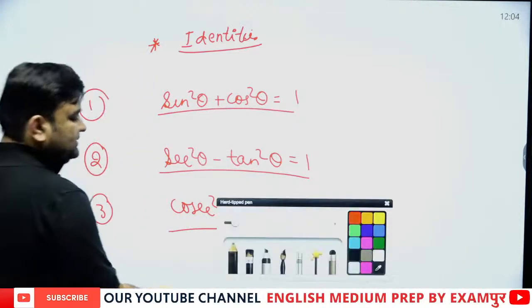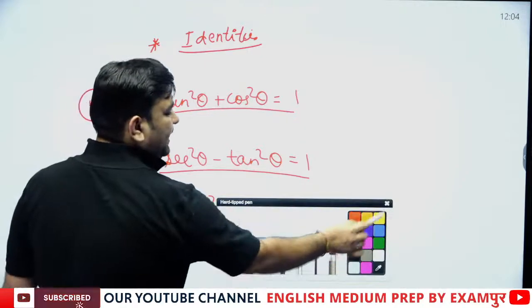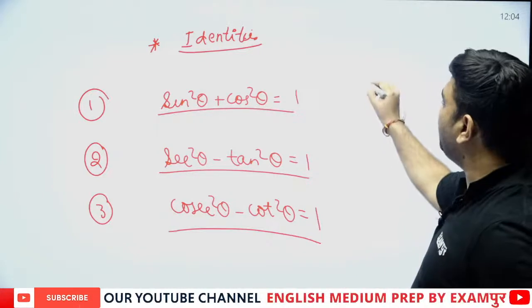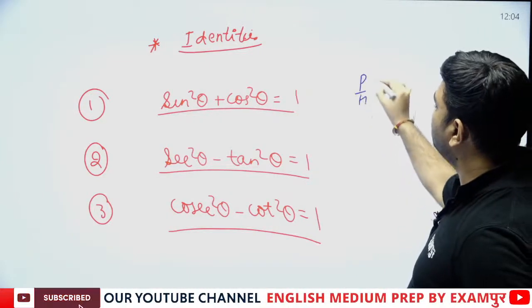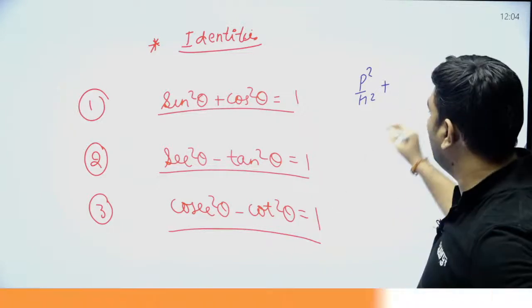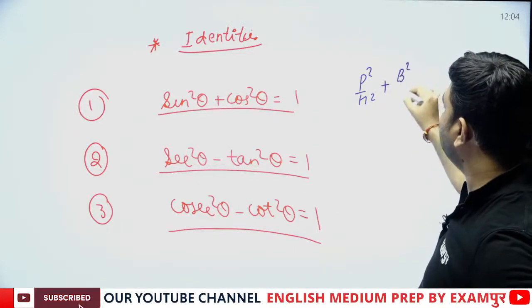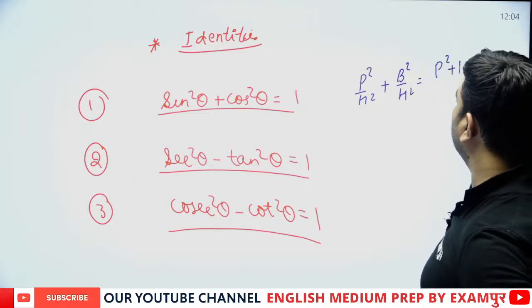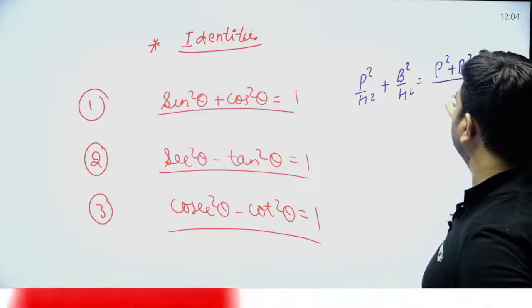The answer lies in the definition. You know, sine is perpendicular over hypotenuse, so p square by h square. Cos is base over hypotenuse, so b square by h square. When you add it, it will become p square plus b square upon h square.